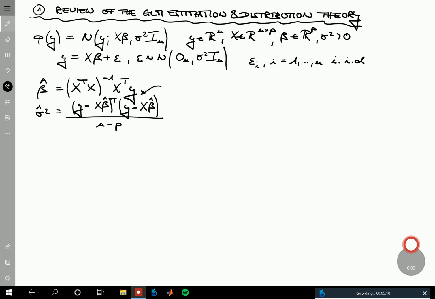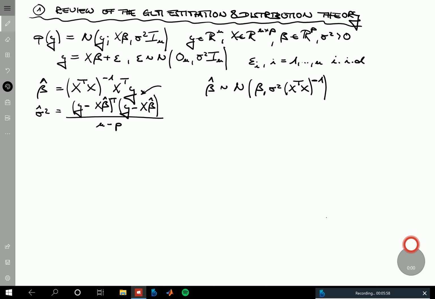Now last time we've seen that from a frequentist perspective, the beta parameter estimator has a distribution, and this distribution is given by a p-variate normal distribution, which has as its expectation parameter the true but unknown value of the beta parameter, and as its covariance matrix the inverse of the product of the design matrix with itself, multiplied by the error variance.